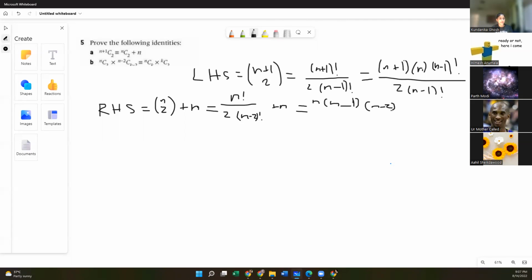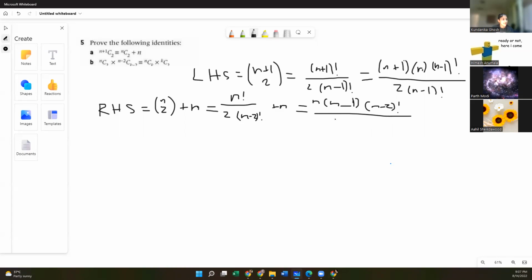Do you see how we're getting to that in both instances? Okay, good. And then on the bottom, you have 2 times n minus 2 factorial. Again, you can cancel out the factorials from both the numerator and the denominator, so that all you're left with is n times n minus 1 over 2.